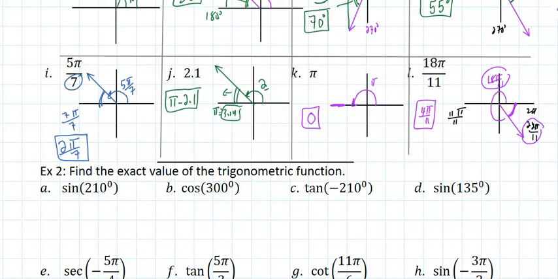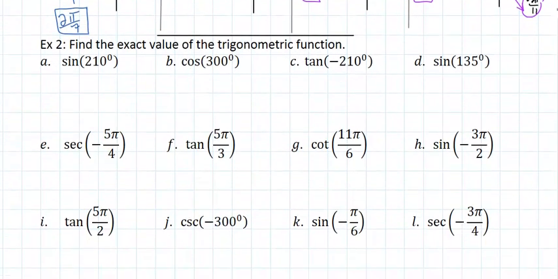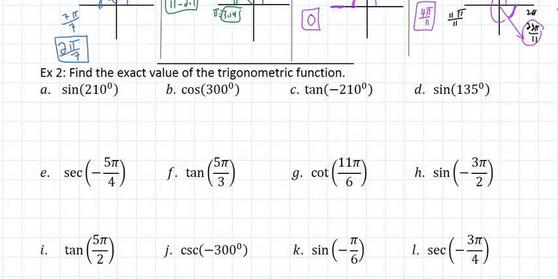Now what? Now we're going to make use of what you already learned last class meeting. And what is that? We have two triangles. We have a 30, 60, 90, with sides 1, 2, radical 3. And we have a 45, 45, 90.